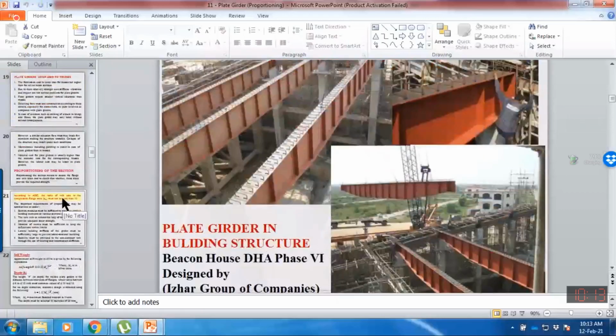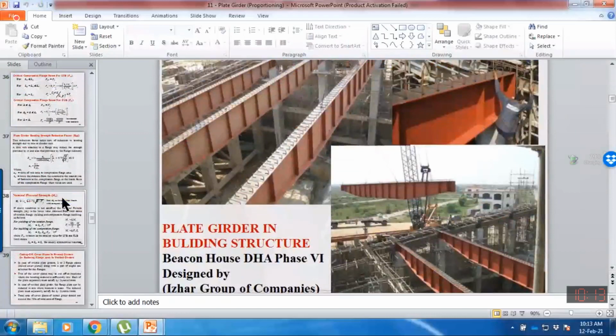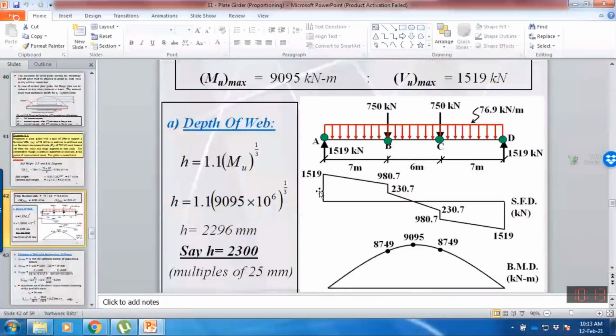So this was the bending moment diagram. The maximum shear force acting in the plate girder for this loading is 1519. So we will check the web. If shear capacity is more than 1519 in this case, then we do not need any stiffener.